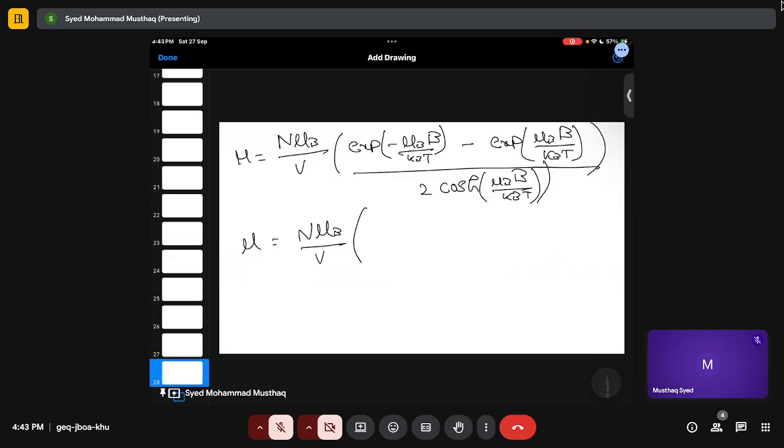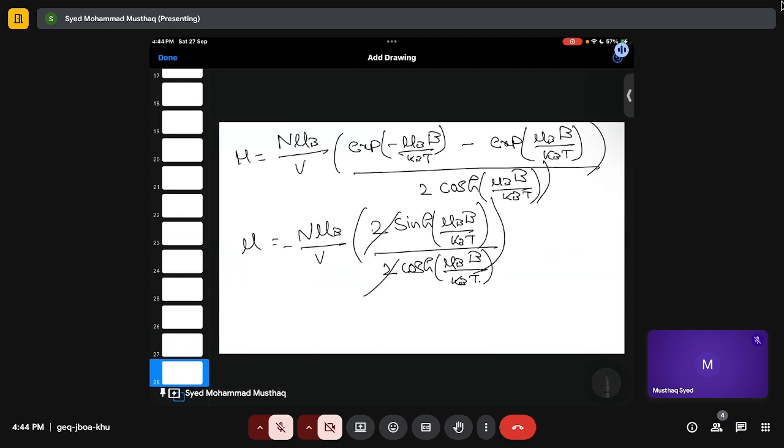Then this sinh term will be 2 sinh of mu B over 2 cosh of mu B. The 2 will cancel.